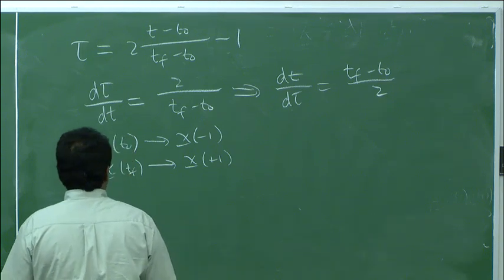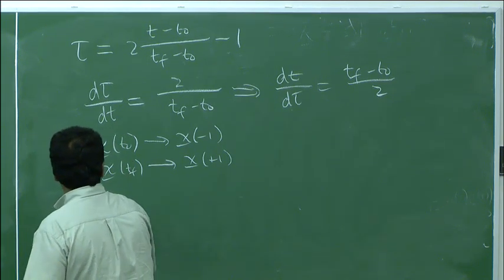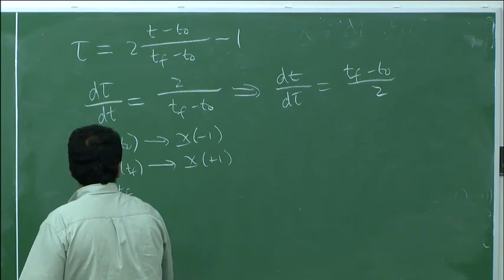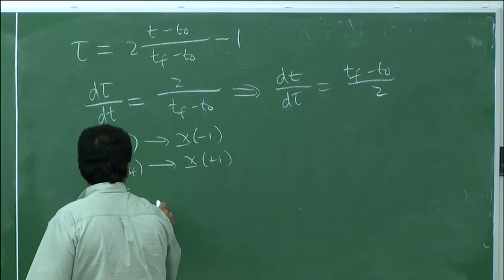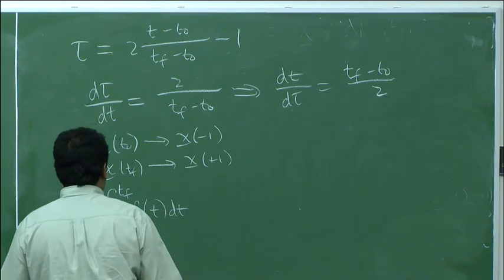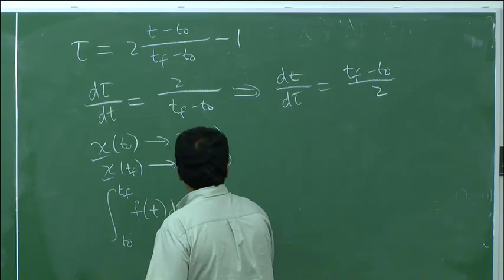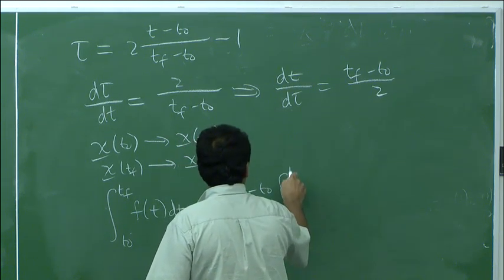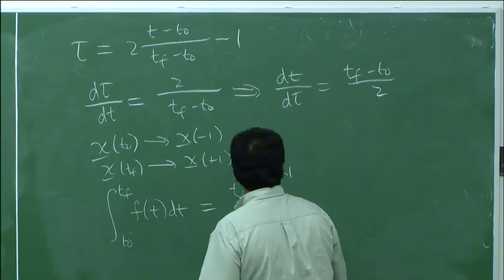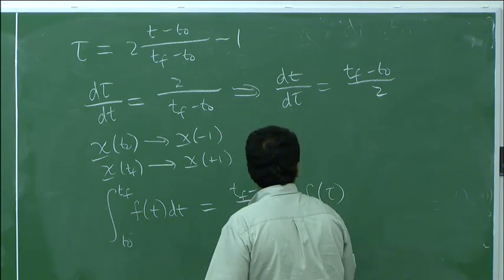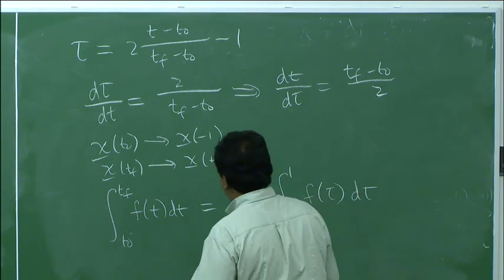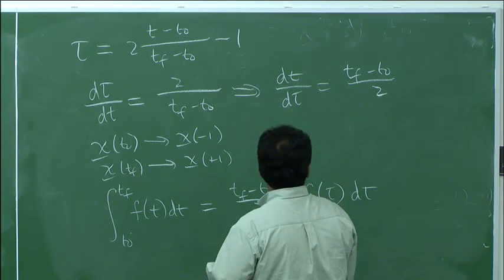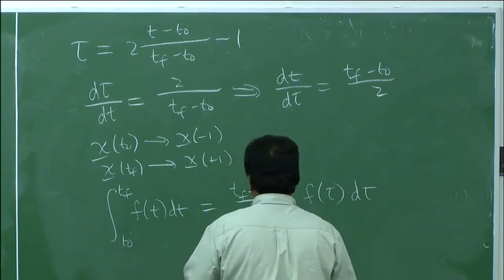And what we also get is that the integral from t0 to tf of, say, some arbitrary function f of t dt is going to equal tf minus t0 over 2 times the integral from minus 1 to 1 of f of tau d tau. And that comes from the fact that dt is equal to d tau times tf minus t0 over 2. So I just did a substitution in there, right?